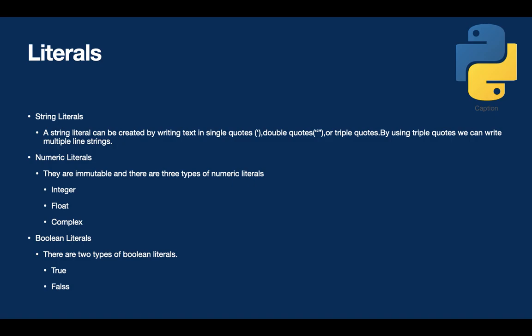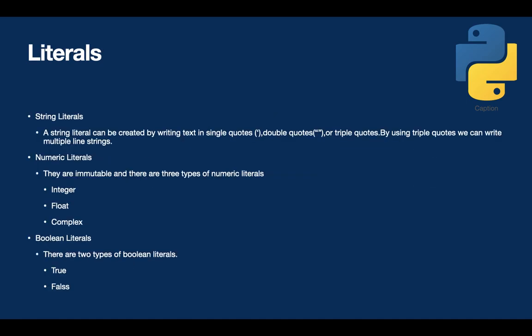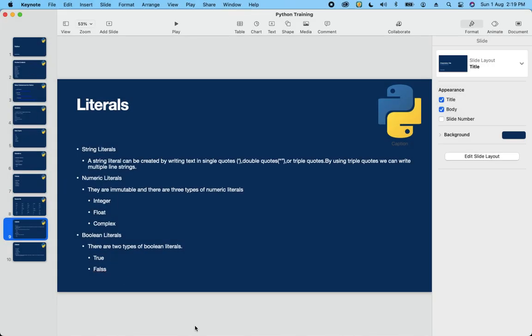We have boolean, which are true and false, and literal collections like list, tuple, dictionary, and set. The fifth one is the special literal. First we discuss string literals. What actually are string literals?